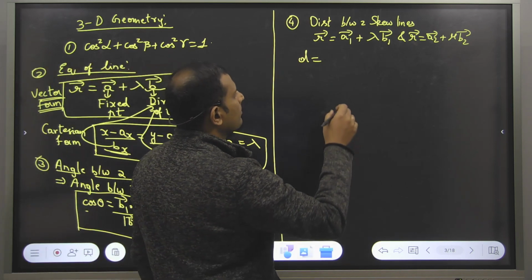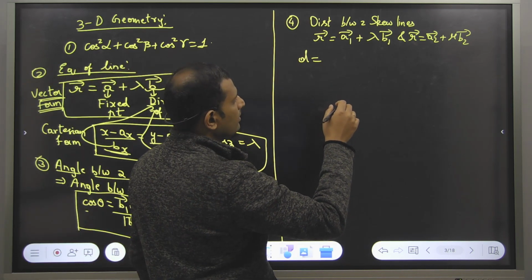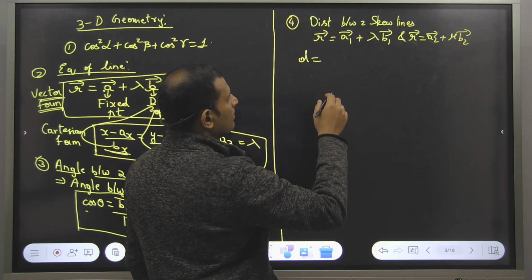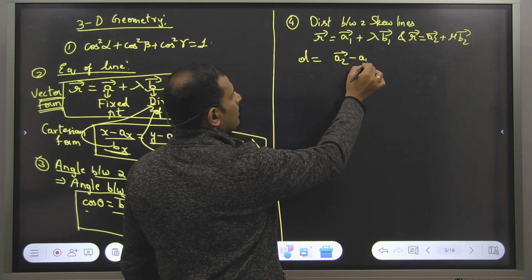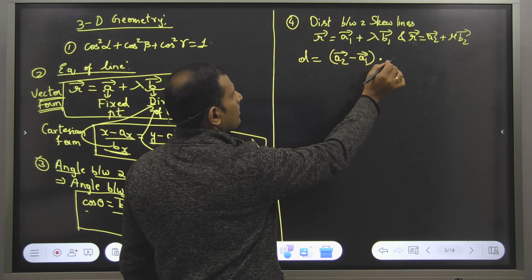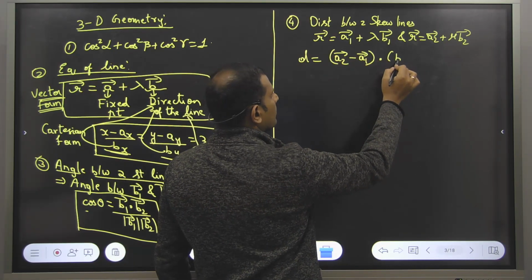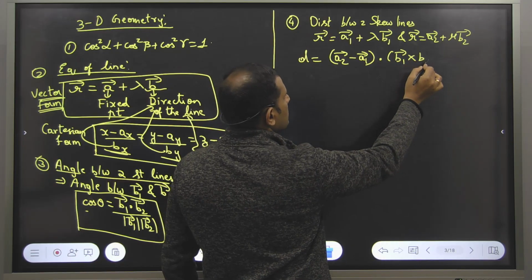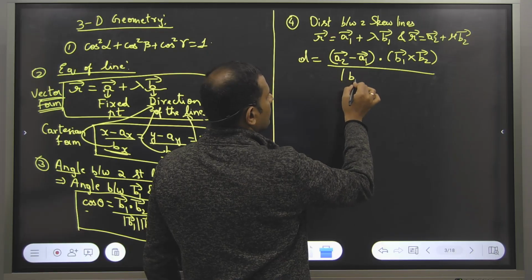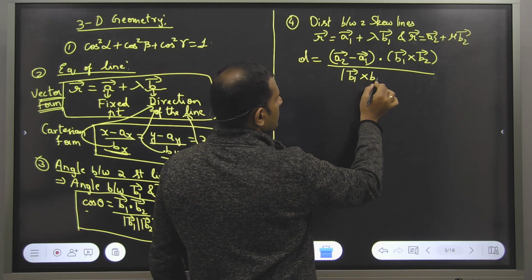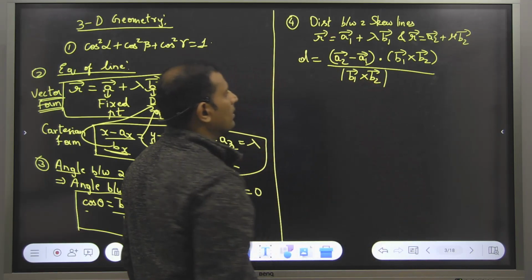Mod of a2 minus a1 dot, a2 vector minus a1 vector, dot b1 vector cross b2 vector, divided by mod of b1 vector cross b2 vector.